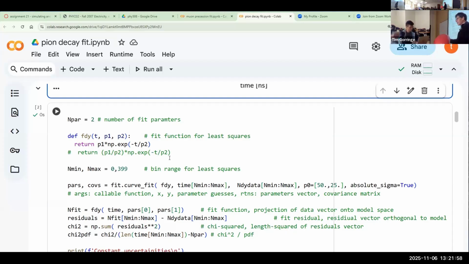I did build into this code the ability to fit over not the full range of the data arrays. I could fit over a restricted range. Actually, in the examples I'll show you, I didn't really use that, but it's a useful thing to build in. And so I defined these. This would be like a start.